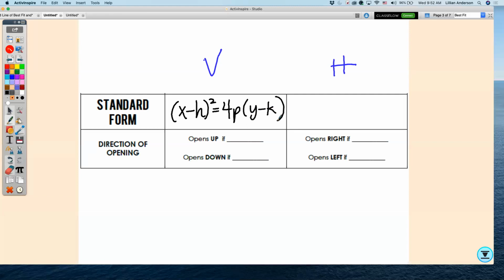That is the standard form for a vertical parabola. You'll know if the parabola opens up if the value of p is greater than 0, and it'll open down if the value of p is less than 0. Or in other words, if this part right here is positive or negative. What do you think h and k represent?